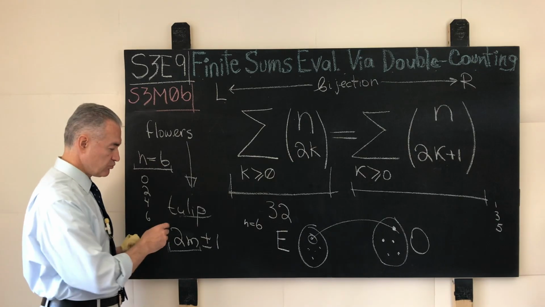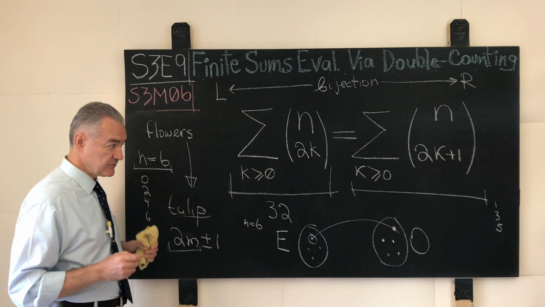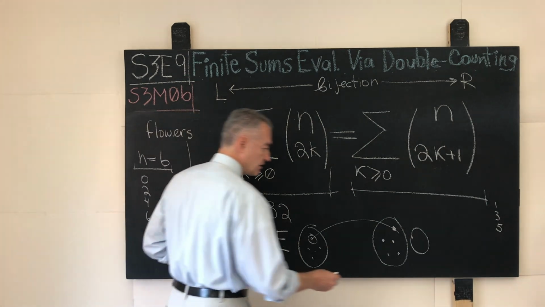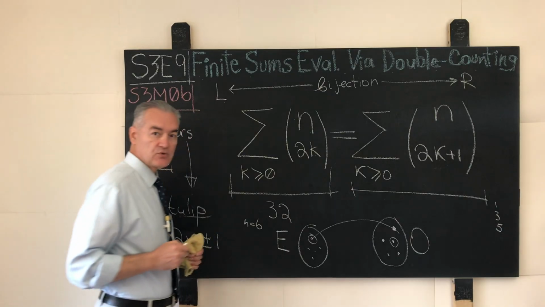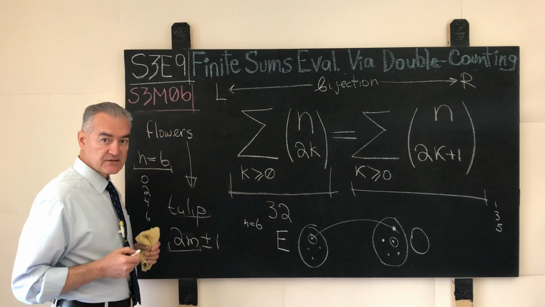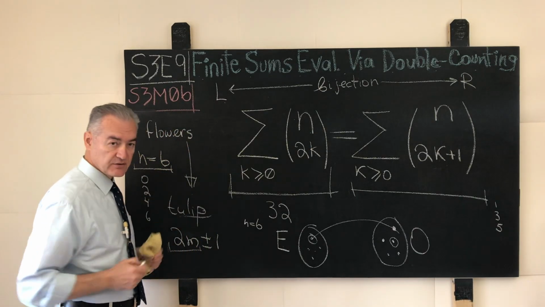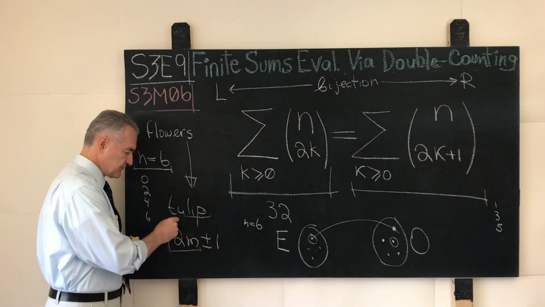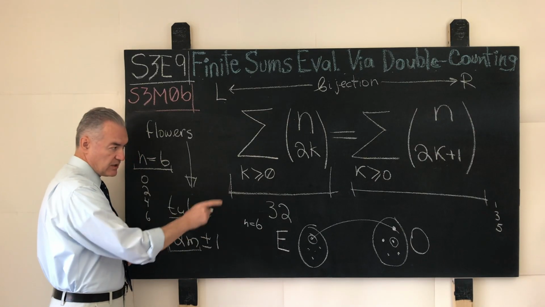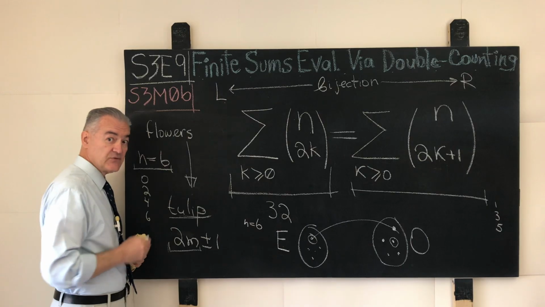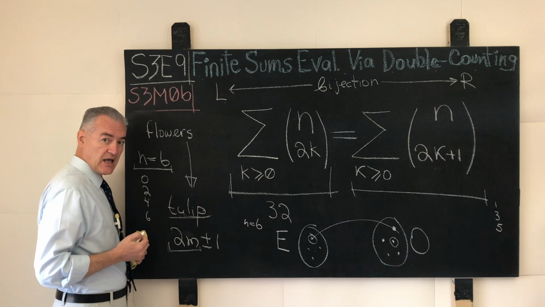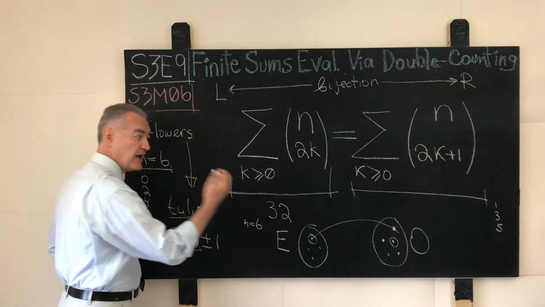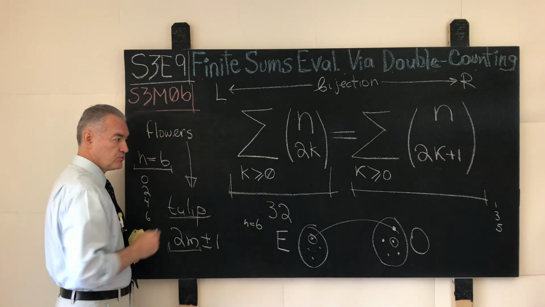And conversely, that process is totally reversible. If we pick any specific bouquet that has an odd number of flowers in it, and we ask the following question directed toward that bouquet, is the flower named tulip in this bouquet? If it is in that bouquet, then we remove it from this bouquet, and if it is not, then we add the tulip to that bouquet.